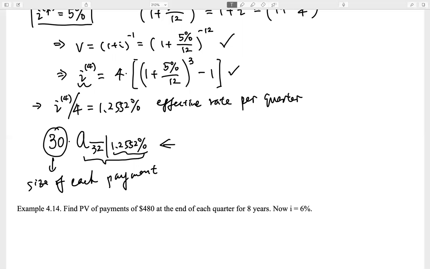So first of all, we need to express everything annually, quarterly, and every other year. So that's actually by annual.